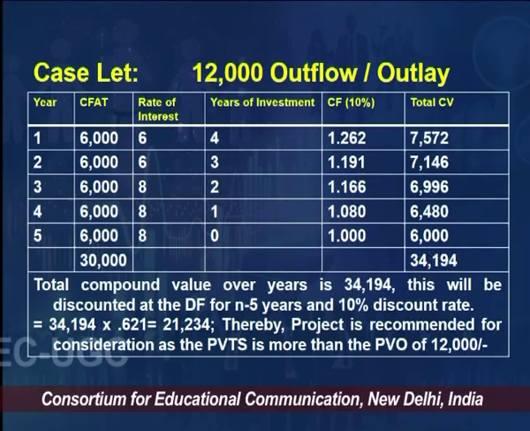So, this is a very good technique where we are actually considering inflows, outflows and the interest as well. So, if we look at this value of PVTS, which is higher than PVO of 12,000, it is recommended that the company should accept the proposal, right. So, this is the conclusion.